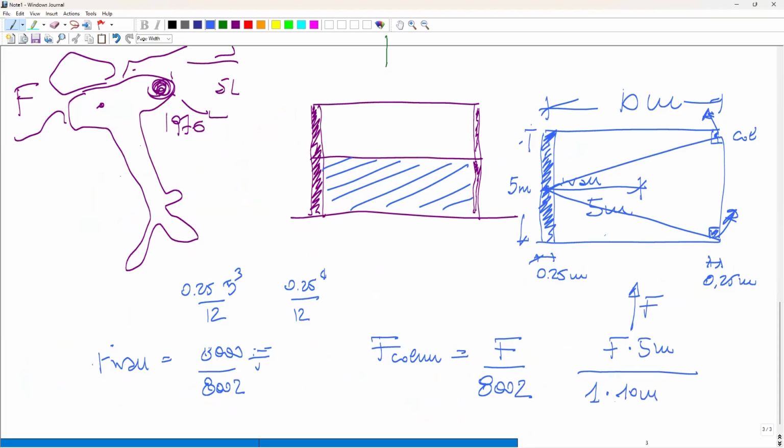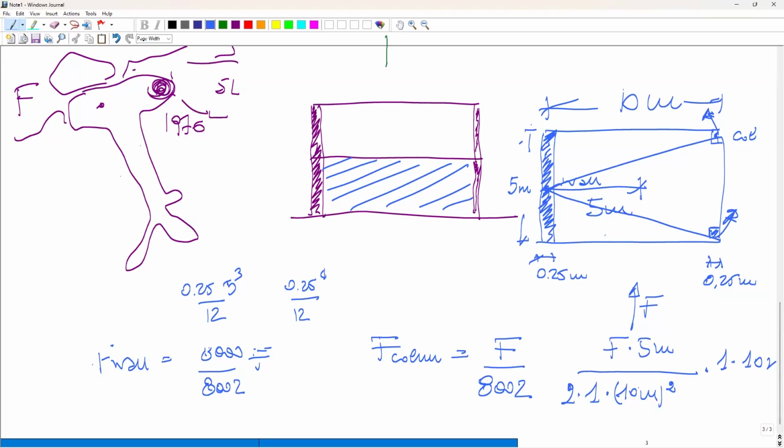Times 10 meters squared times 2. And then you have to multiply by 1, which is the stiffness of the column, times its distance, which is 10 meters.